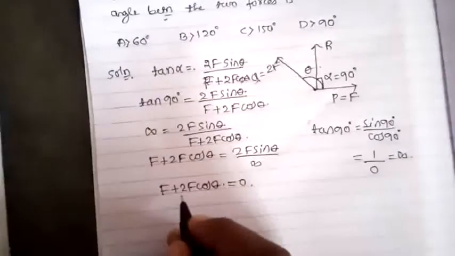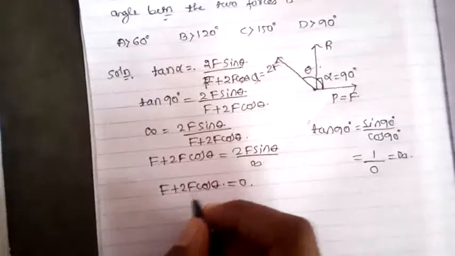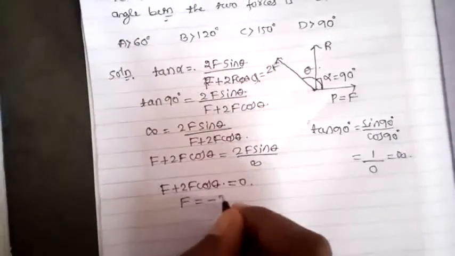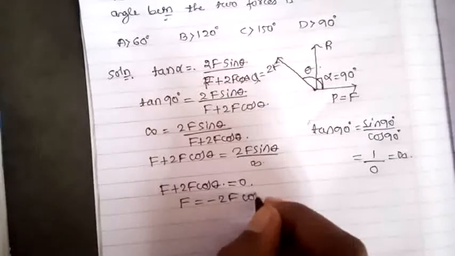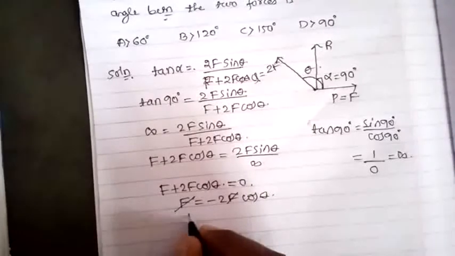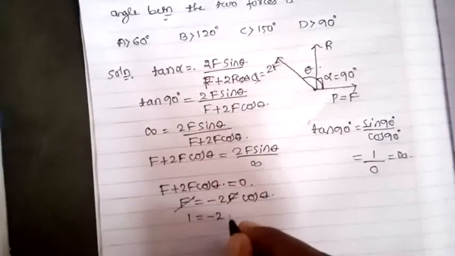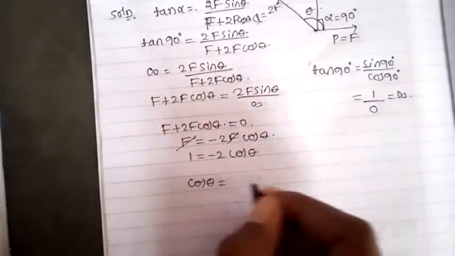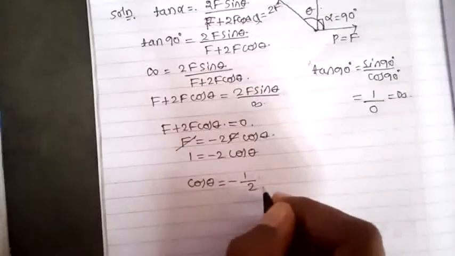Then F plus 2F cos theta equals 0. I will take 2F cos theta to the right hand side, that is F equals minus 2F cos theta. Then what gets cancelled here? F gets cancelled. Now 1 is equal to minus 2 cos theta. Then cos theta is equal to minus 1 by 2.